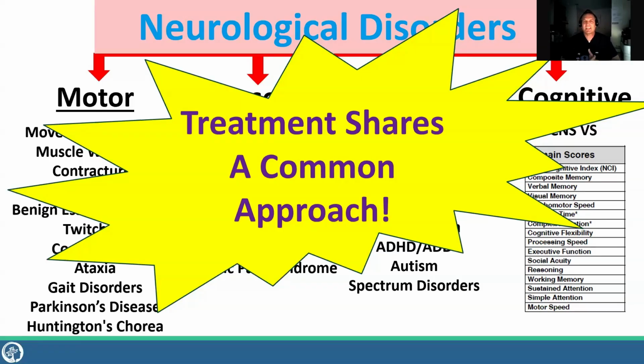And my response to that is, my friends, each one of these neurological disorders share a common thread where there's an inflammatory response going on in the brain. The difference is the location of where that inflammatory response is going on. The location becomes a predictor of the neurological symptoms that that person might experience.